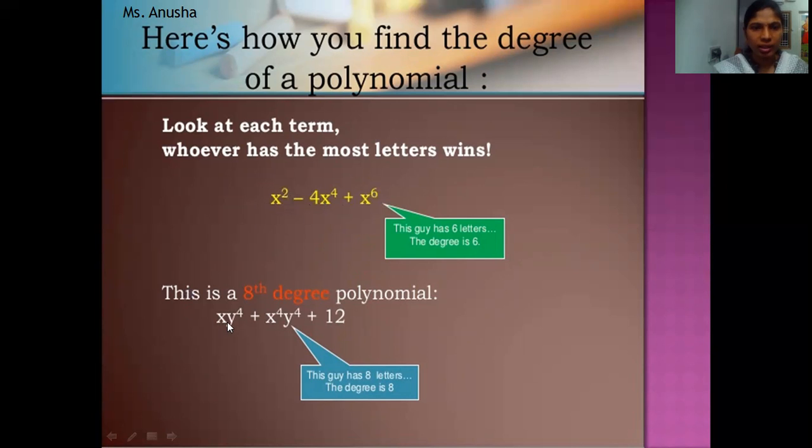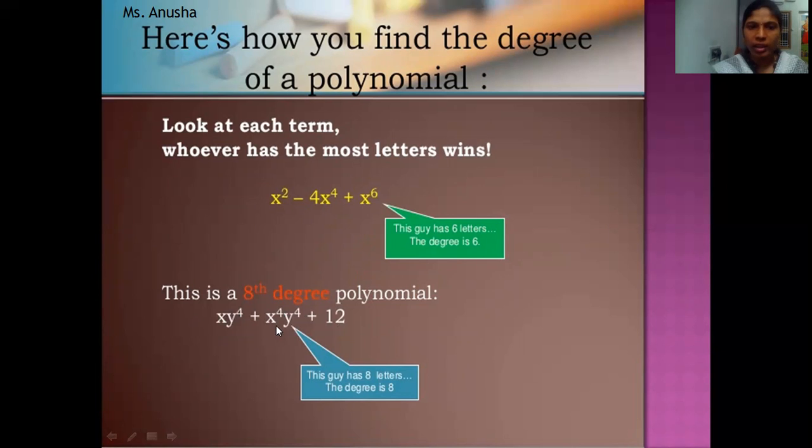And in the next example, x y power 4 plus x power 4 y power 4 plus 12. Here is how you need to find the degree. Above the x the power is 1, and above y the power is 4. So totally this term has a power of 1 plus 4, which is equal to 5.